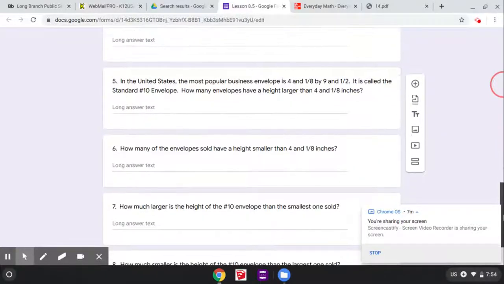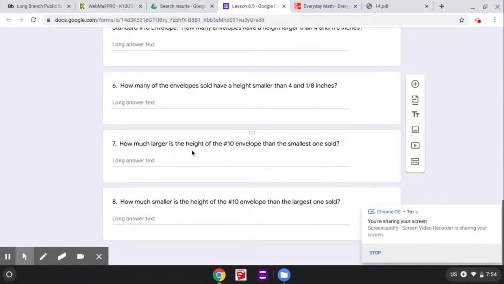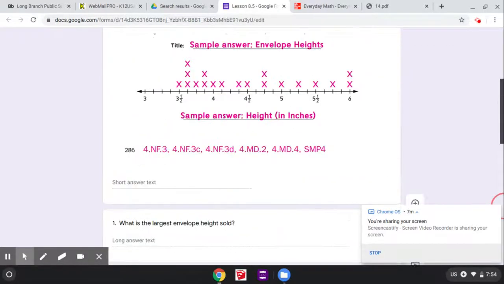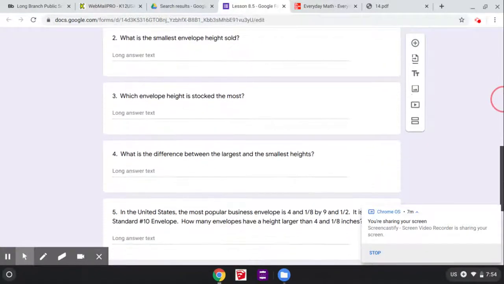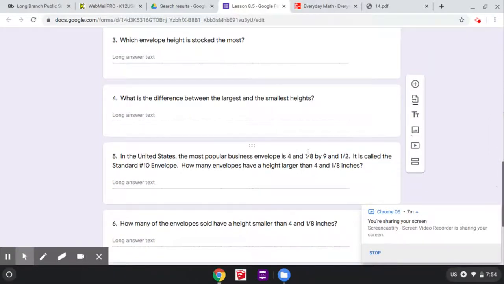Okay. How much larger is the height of the envelope than the smallest one that was sold? So remember, the smallest one that was sold was 3.5 or 3 4/8. And the height of the envelope that is most sold is 4 1/8.